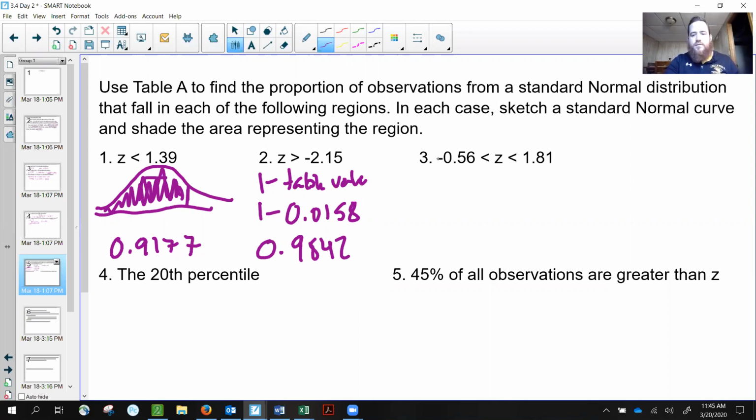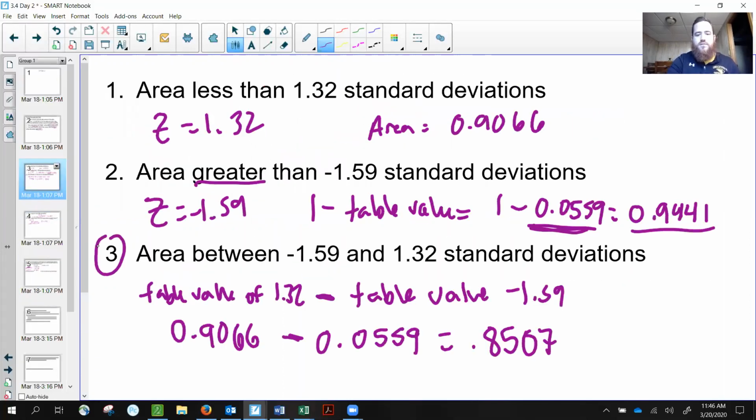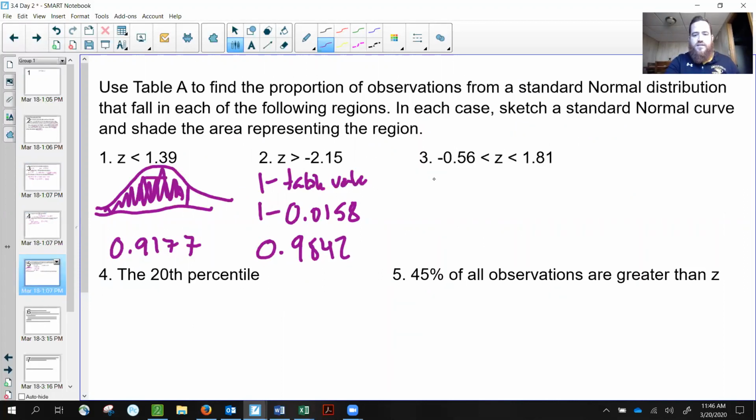Number 3, negative 0.56 less than Z less than 1.81. This is asking, like number 3 here, area between those two. So I find the table value for this one: the table value of 1.81 minus the table value of negative 0.56.